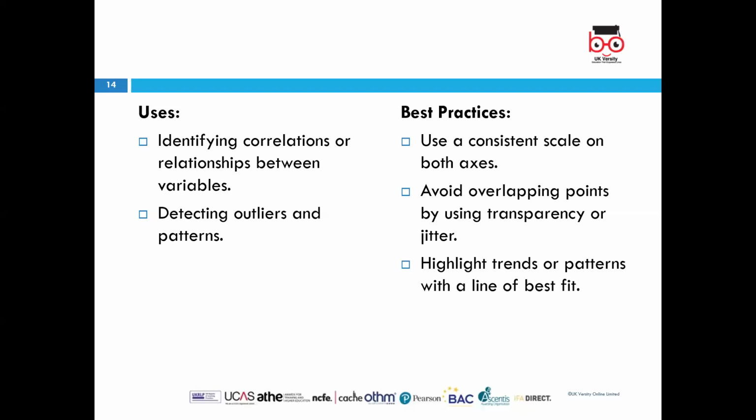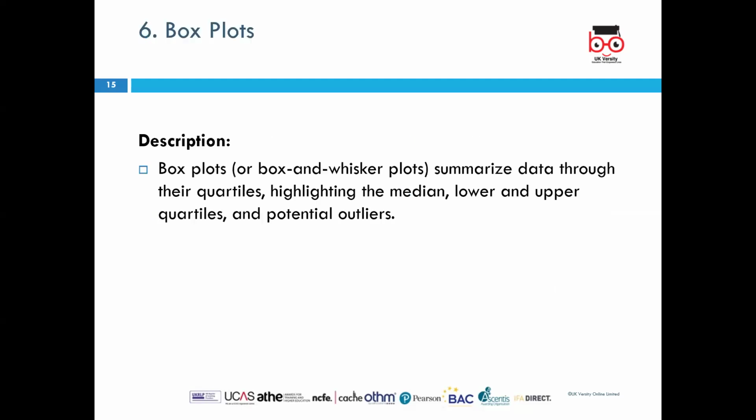Best practice for this is to use a consistent scale on both axes, avoid overlapping points by using transparency or jitter, and highlight trends or patterns with a linear or best fit line.